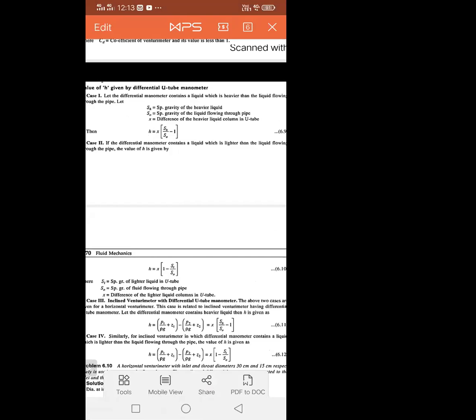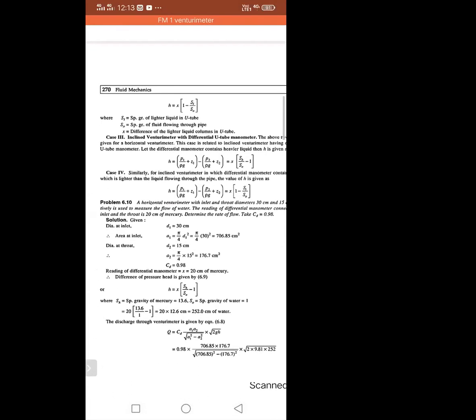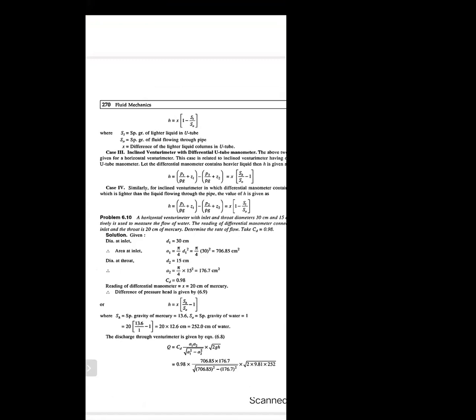These are the first two cases of the venturimeter where the pipe is laid in horizontal position. Same as the first two cases, there are the third and fourth cases, but in case 3 and case 4 the position of the venturi tube is inclined. Therefore, the formula in the third case is h equal to x in bracket Sh upon S0 minus 1, and in the fourth case h is equal to x in bracket 1 minus S1 upon S0.